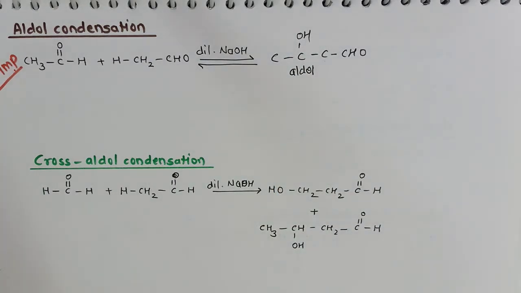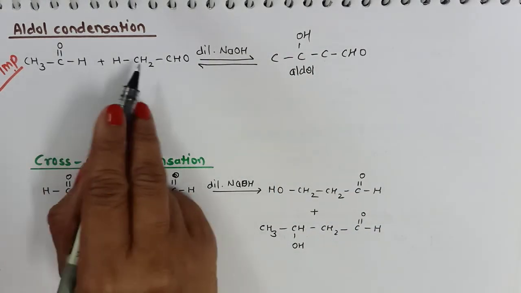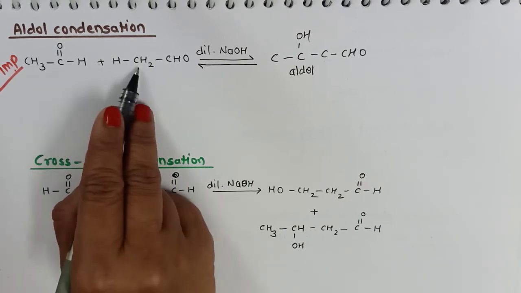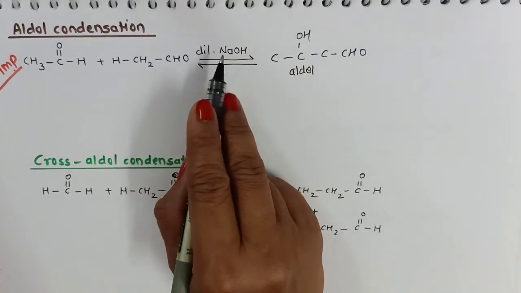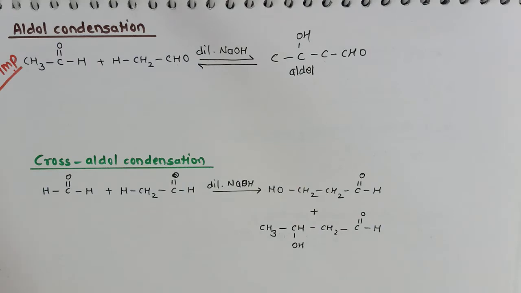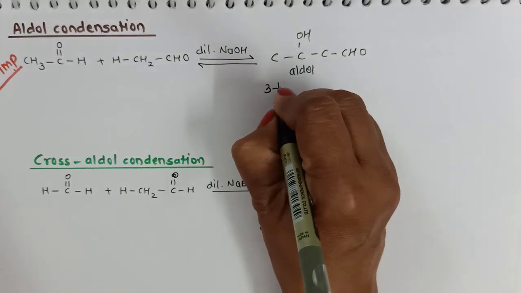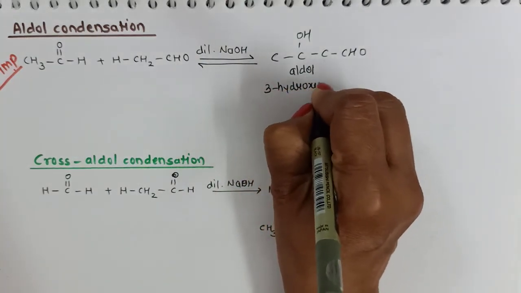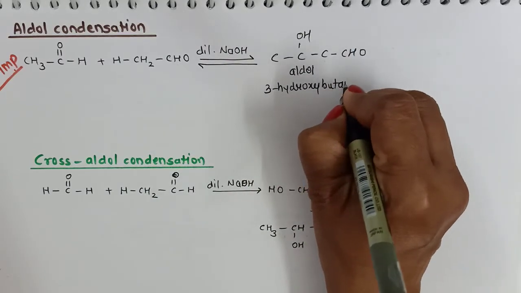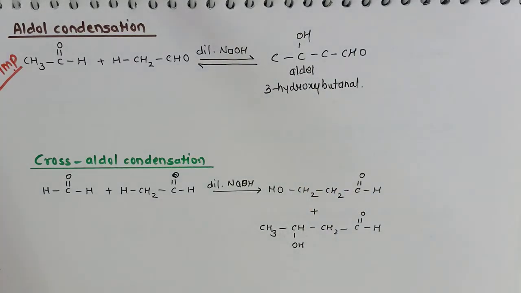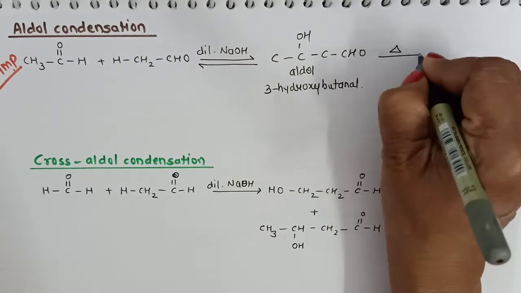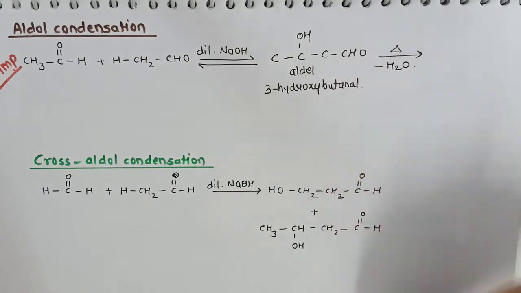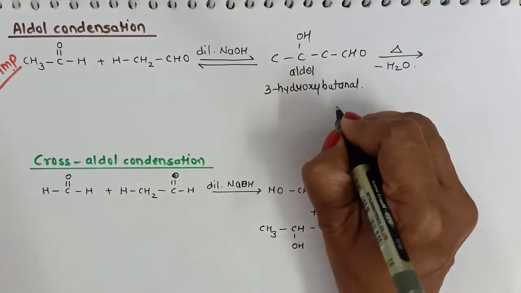For example, in this case, when acetaldehyde, 2 moles of acetaldehyde, they are treated with each other in presence of dilute NaOH or in presence of dilute KOH, they will give 3-hydroxybutanal. And now this product on further heating will lose a water molecule and will form an enal.